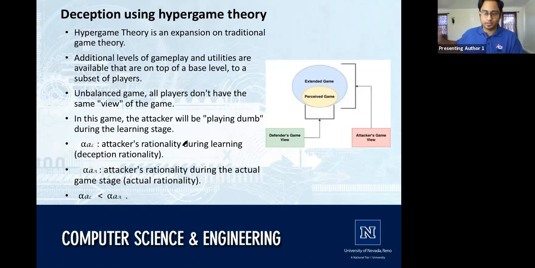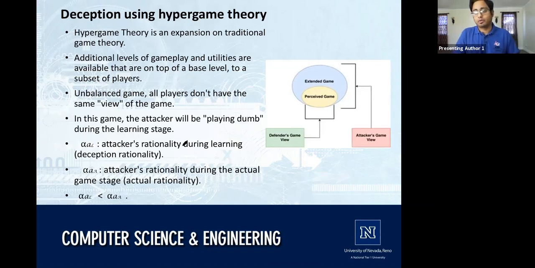The same scenario happens over here: player 3 knows their focus is game B, and assumes my focus is game B. Now, the strategies that I select in game A affect my utilities in game B. Therefore, I will not be playing either game with complete rationality. Player 2 and player 3's view of the game is going to be their static games, while my view of the game is going to be both game A and game B. And that is how we promote this hypergame theoretic application.